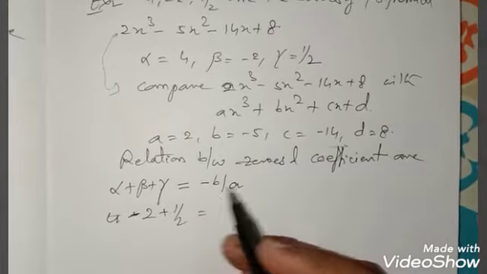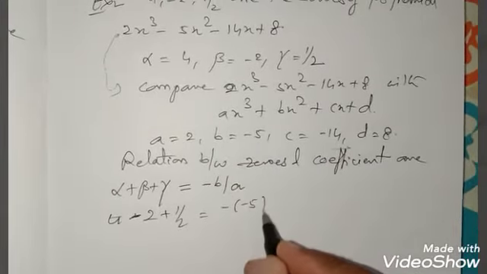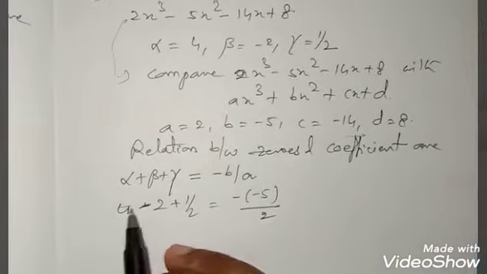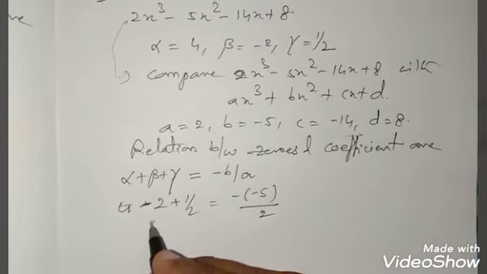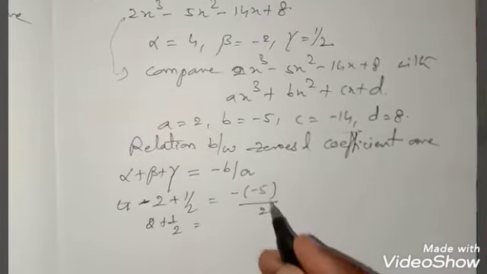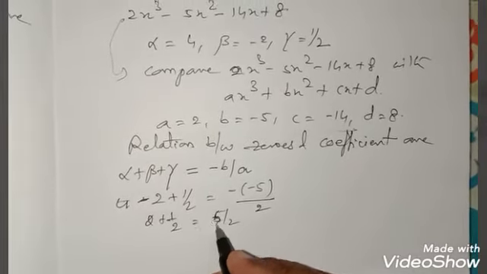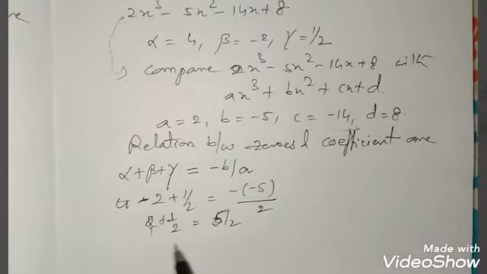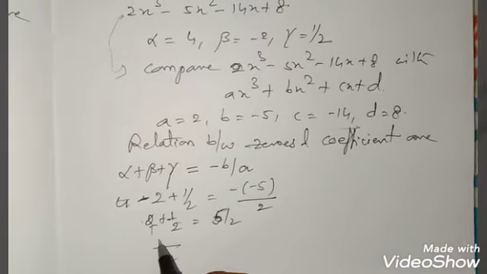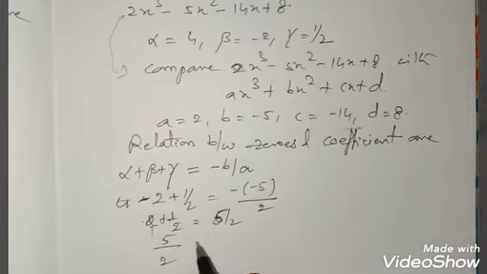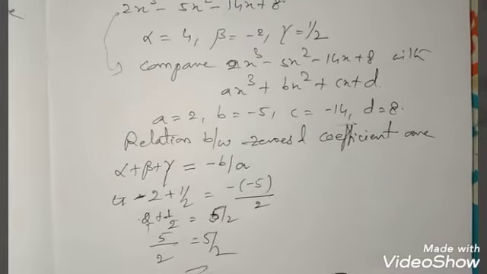Already minus is there, so minus of minus 5 divided by 2. Right, now 4 minus 2 is 2, so 2 plus 1 by 2 is equal to minus into minus is plus 5 by 2. Now if I take the LCM, 2 2s are 4, 4 plus 1 is 5 by 2, which is equal to 5 by 2. Right, so the first one is satisfied.